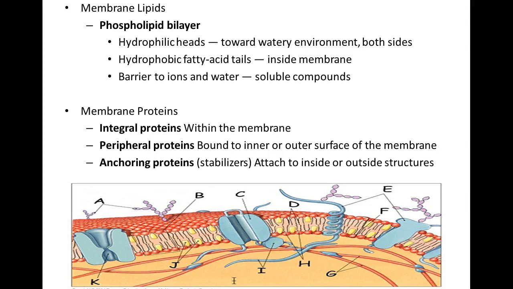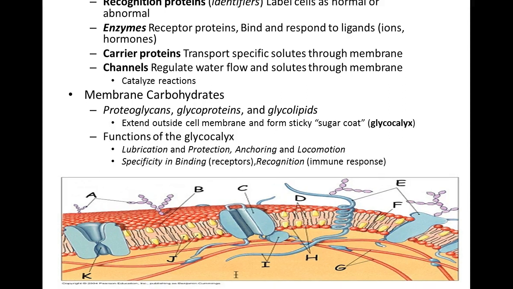With anchoring proteins, these can attach to the outside or inside. If you look at E, the kind of long thin E, it has a little hook around the cytoskeleton. You can think of that as an anchoring protein. And then recognition proteins. These are the proteins that are on the surface membrane that identify self and non-self. Enzyme receptors, these are on the outside, and they are unique.